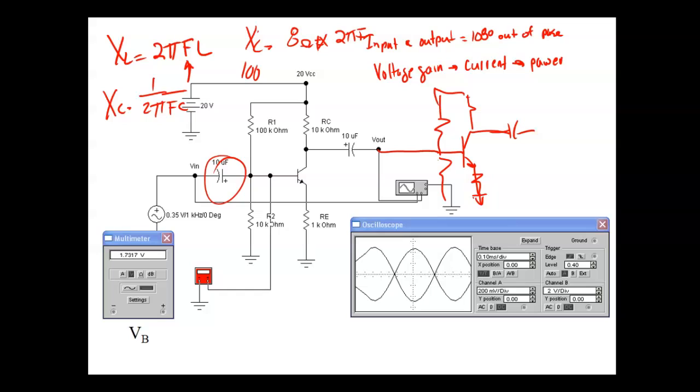So this guy right here measures something.